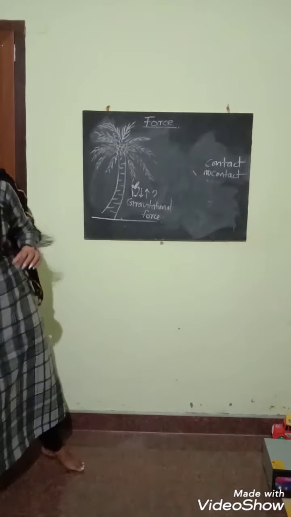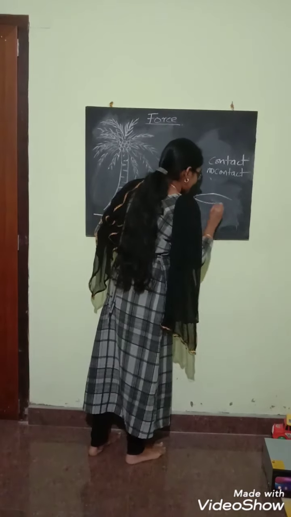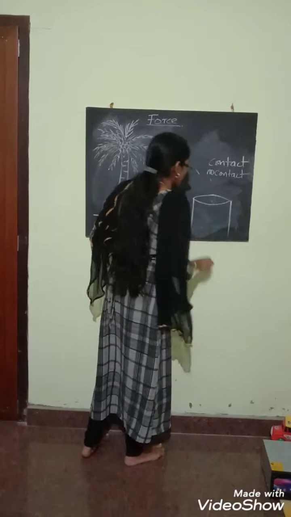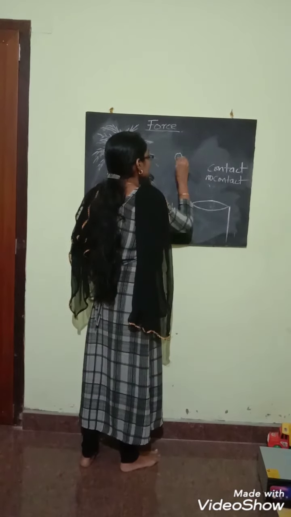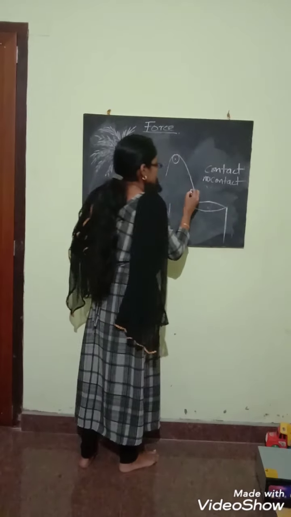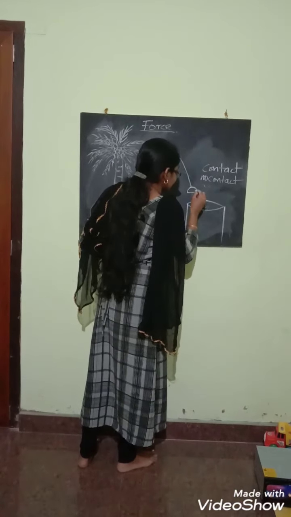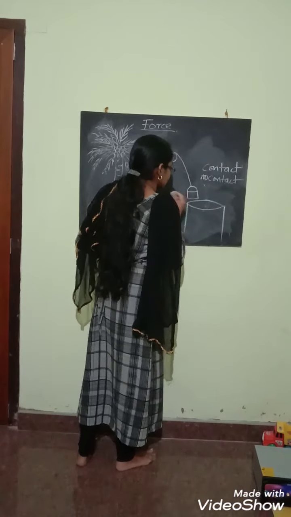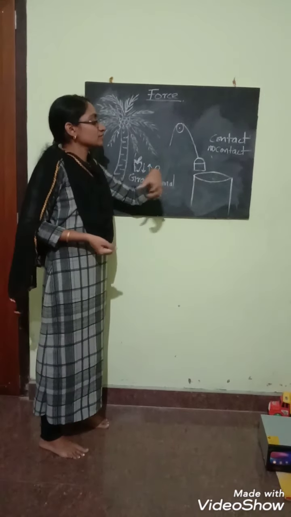I am drawing water from a well. This is the pulley and the rope and a bucket. Now, how can I draw water from this well?